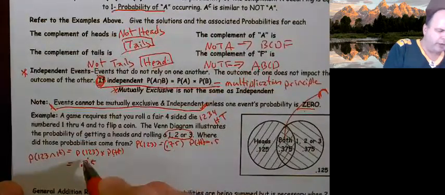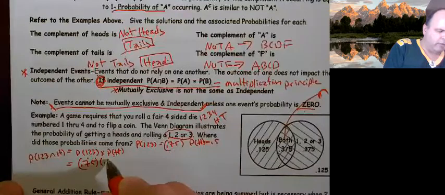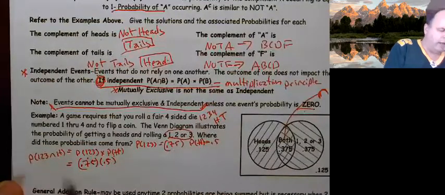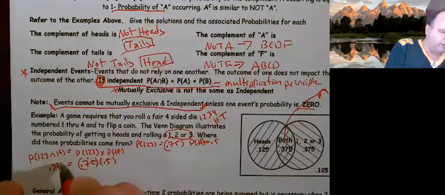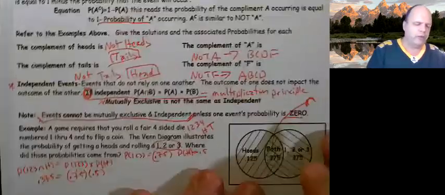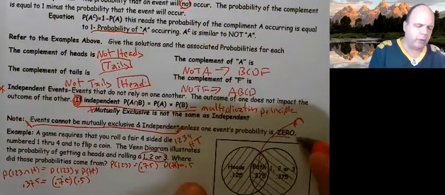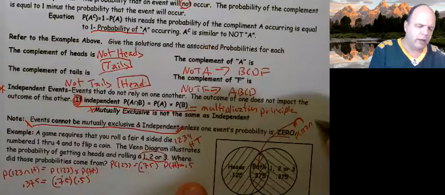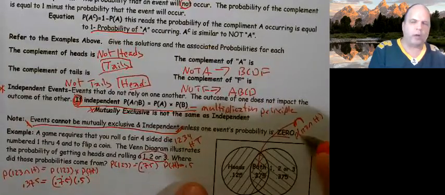And the probability of heads is 0.5. And that equals 0.375. So this is where the intersection happens. So this represents the intersection, or the probability of 1, 2, 3, and heads. That's what that represents.